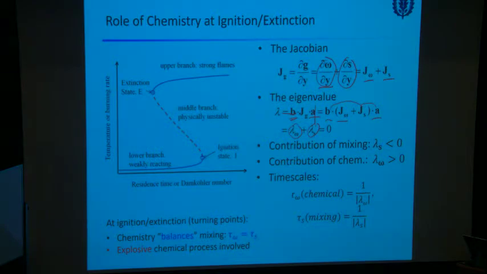That means lambda omega must be equal to lambda S at the turning point. So that is actually what we always talk about, chemistry balances loss at a turning point. But what is the chemistry of this guy, the loss of this guy? If you look at the dimension for lambda, what is the dimension for the eigenvalue of the Jacobian?